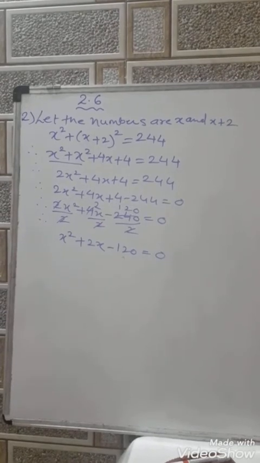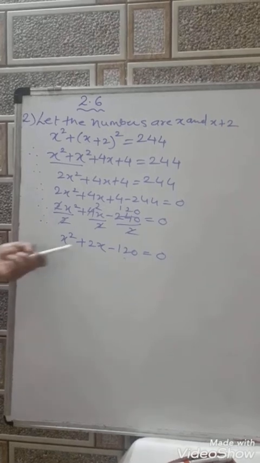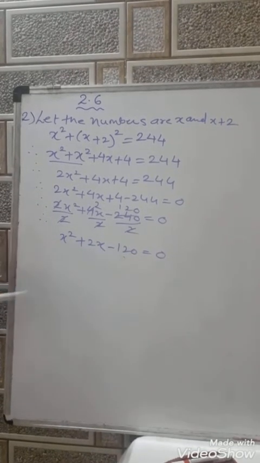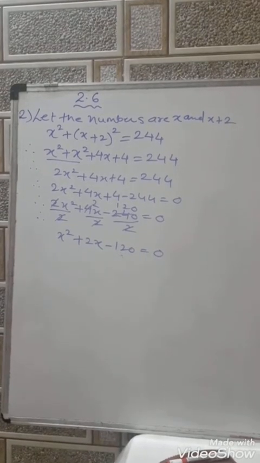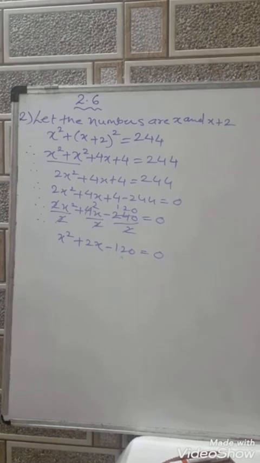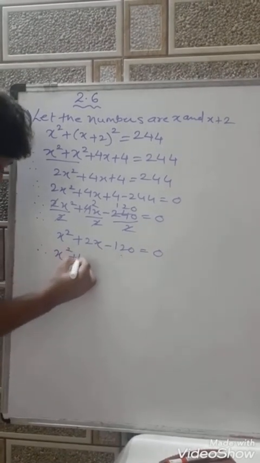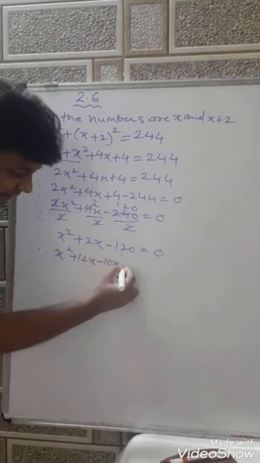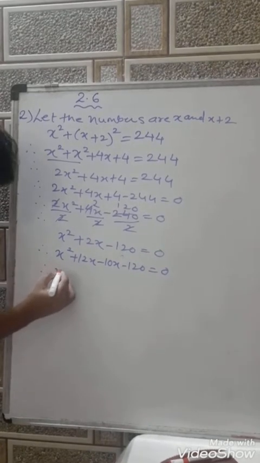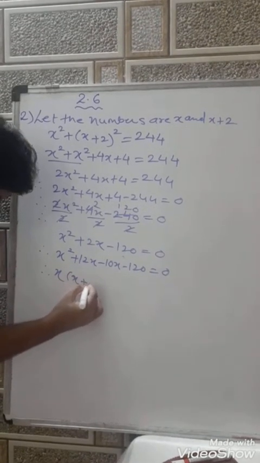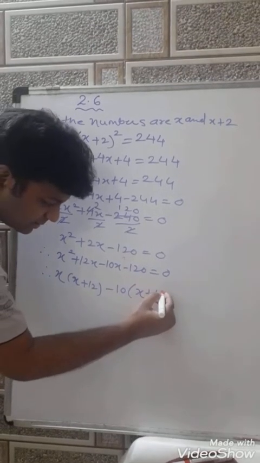Now you need two numbers whose product is 120 and difference is 2. So 12 and 10: 12 multiplied by 10 gives 120, and 12 minus 10 gives 2. So x square plus 12x minus 10x minus 120 equals 0. Taking x common, you get x plus 12, and taking minus 10 common, you get x plus 12.